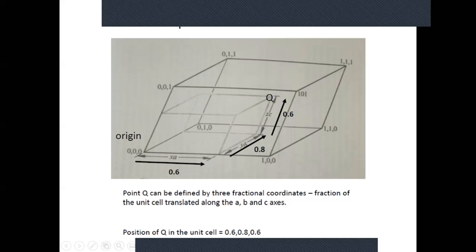Now this is a unit cell where all the lengths are 1. So you see 1, 0, 0, 0, 1, 0, and 0, 0, 1. So that tells you that the length of all these axes are 1. So 0.6 divided by 1 gives us the fractional coordinate 0.6. So that's how you can determine where a point is in a unit cell.